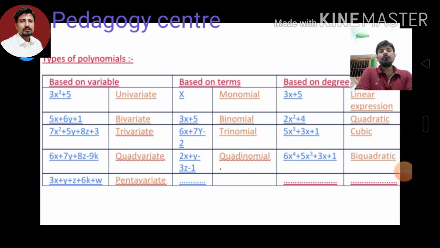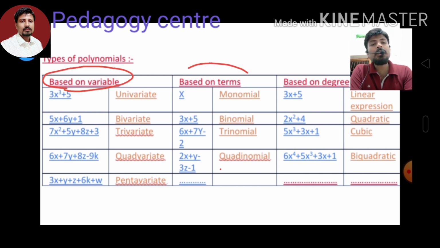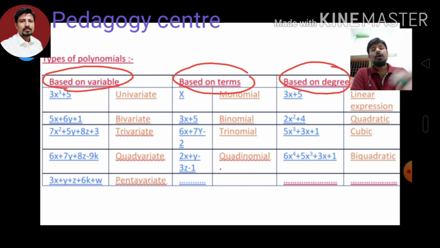Now we will learn the types of polynomials. Polynomials have many types, depending on many parameters such as based on variables, based on terms, as well as based on degree. Based on variables, if you have an expression having only one variable, it is called a univariate expression.